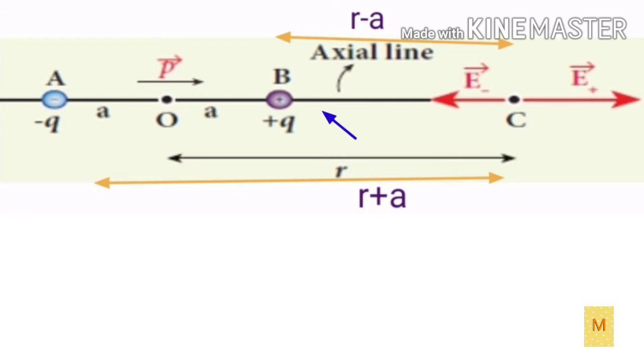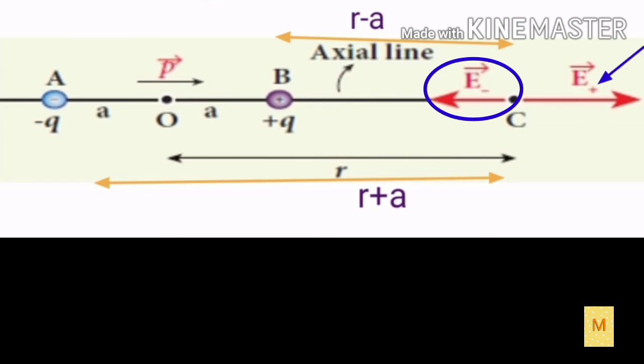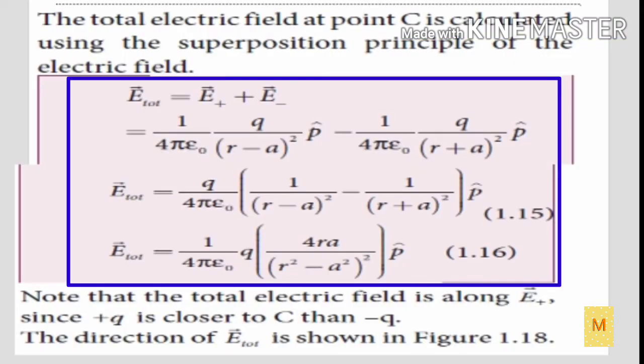Look at the picture. In this picture, the charge plus q is very close to the point C compared to the charge minus q. So, the electric field due to the charge plus q, E plus vector, is greater than the electric field due to the charge minus q, E minus vector. So the length of the electric field E plus vector is seen to be larger than the length of the electric field E minus vector.